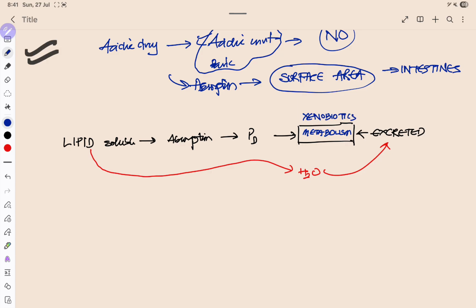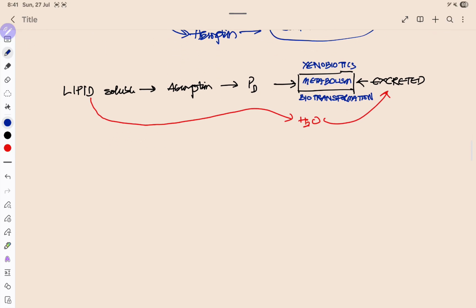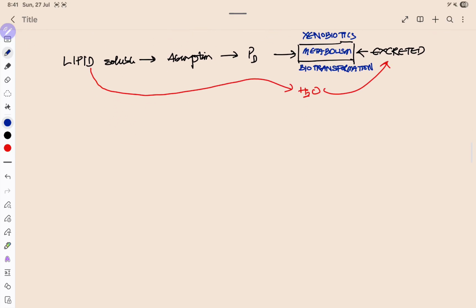xenobiotics or biotransformation. Now, let's move into biotransformation. Biotransformation.